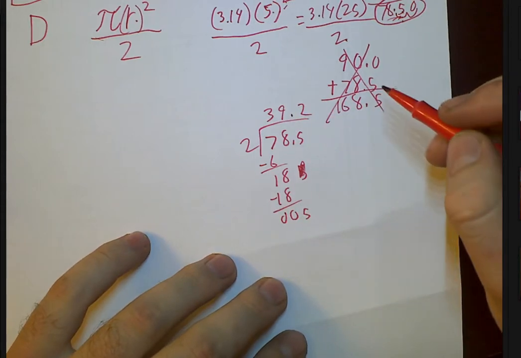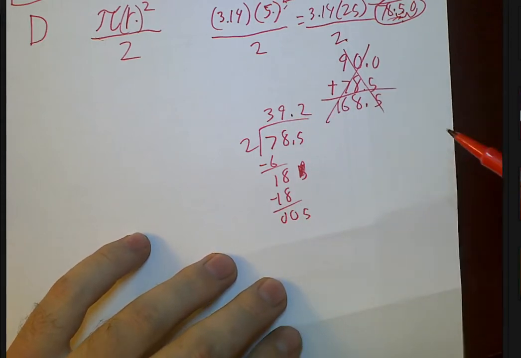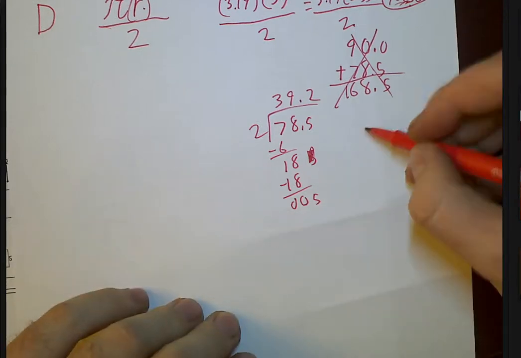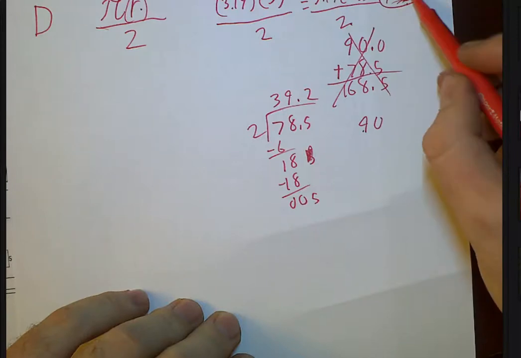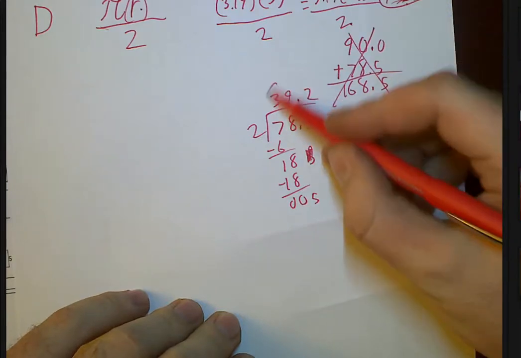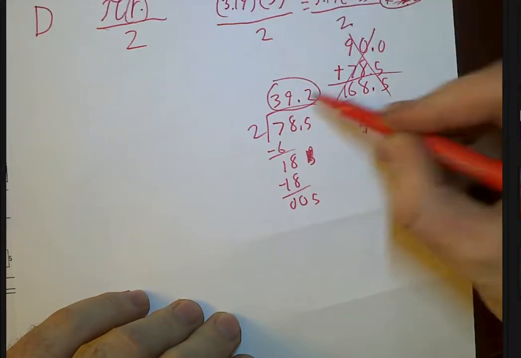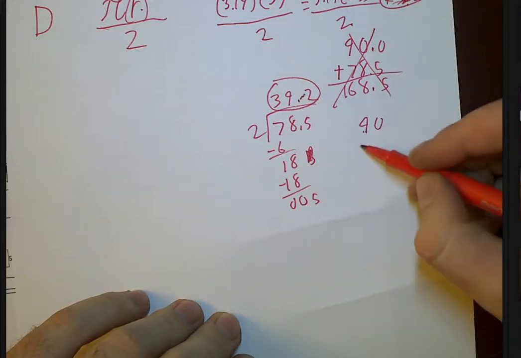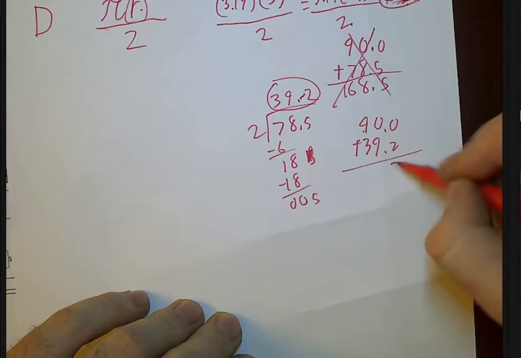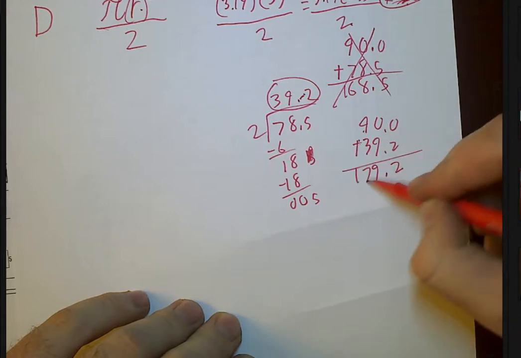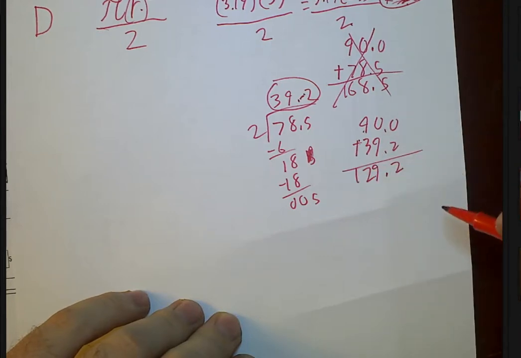So I get 39.2, and I add that to 90. So you get 90, that was the area of our rectangle, plus this is the area of my semicircle, so 90 plus 39.2, and you get approximately 129.